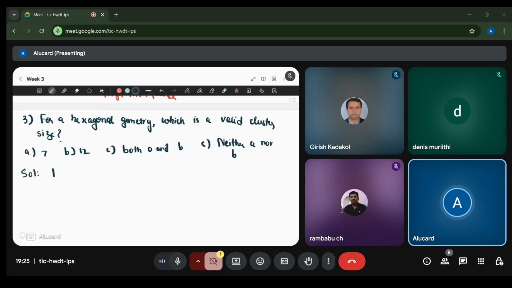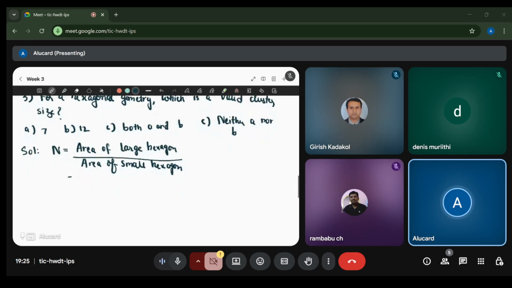The cluster size N is the area of the large hexagon by the area of the small hexagon, which is equal to i square plus j square plus ij.